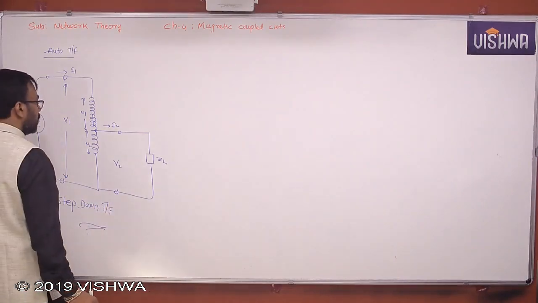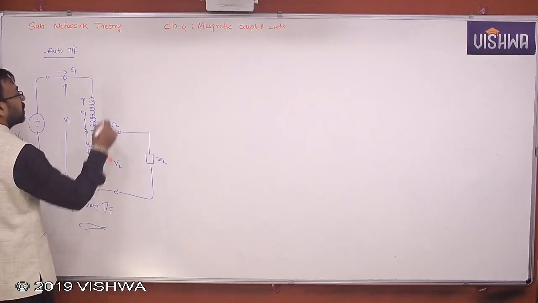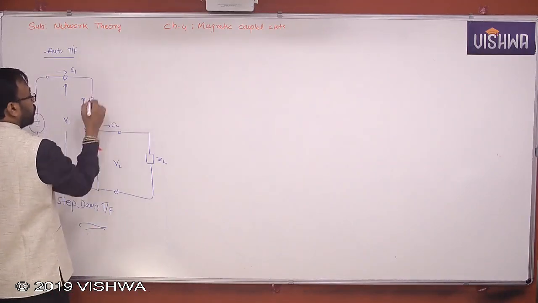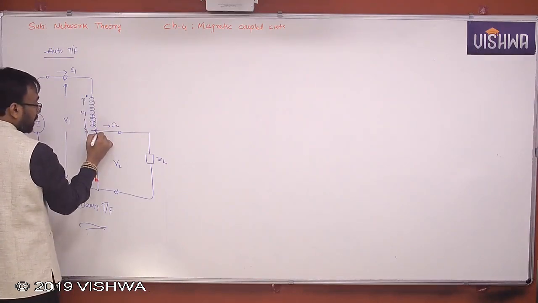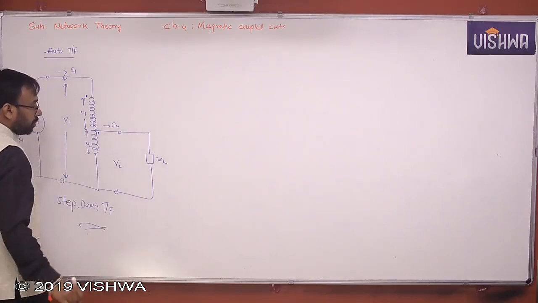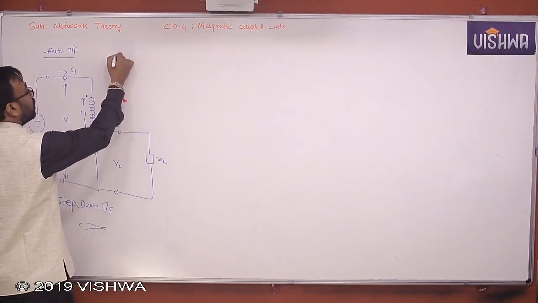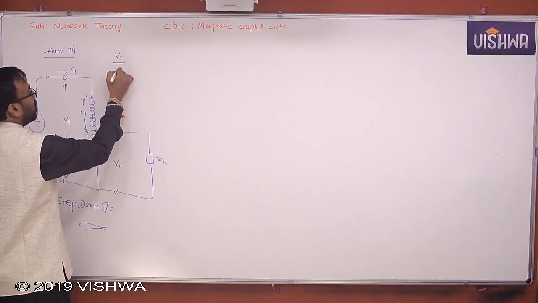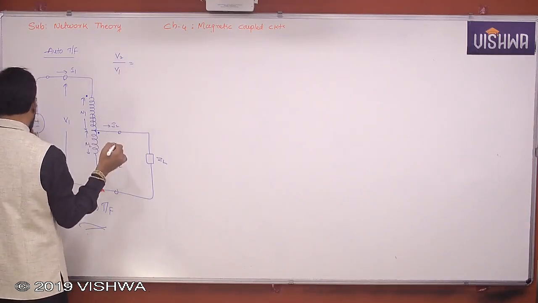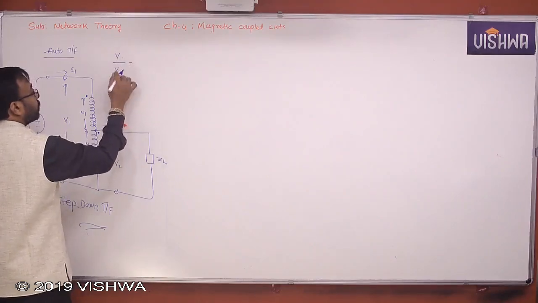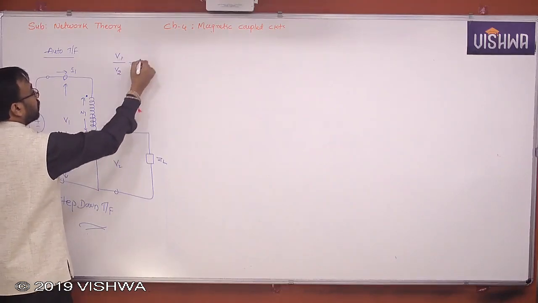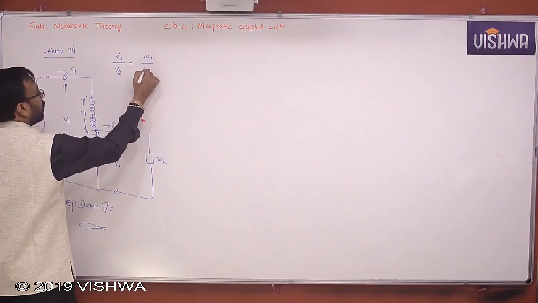So what is the relation that you can maintain here? In this case, this is the dot, and here is a dot. Understand? So what do you get here? V2 by V1, or else V1 by V2, is N1 by N2.